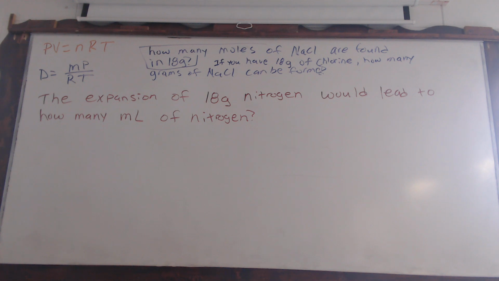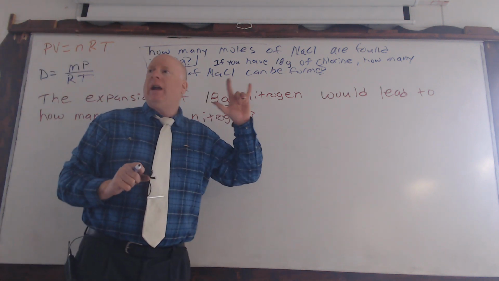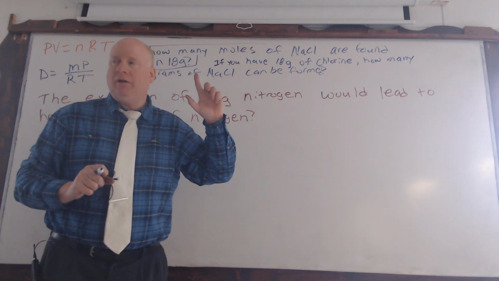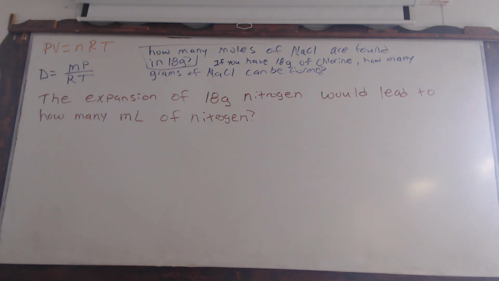There are similarities to what we have learned from prior knowledge, but in this case, there are two things you're going to have to combine: dimensional analysis and the IGL. IGL is the ideal gas law, which is this one.